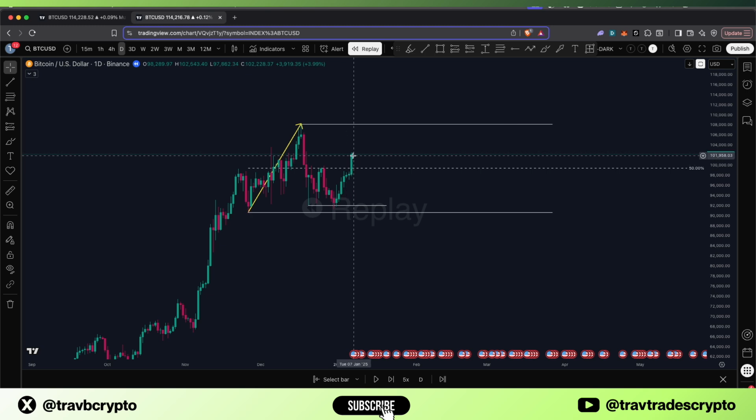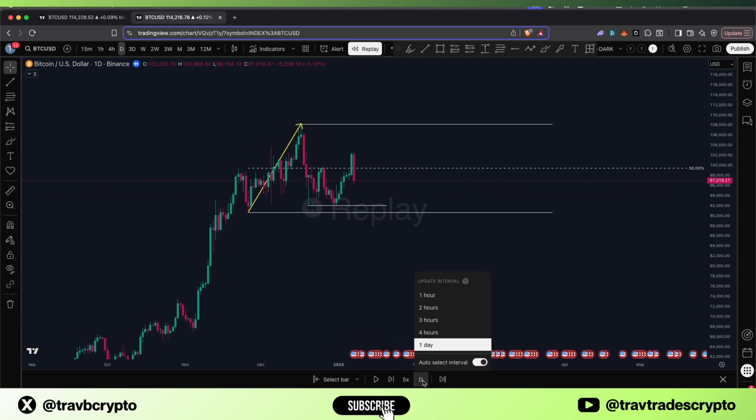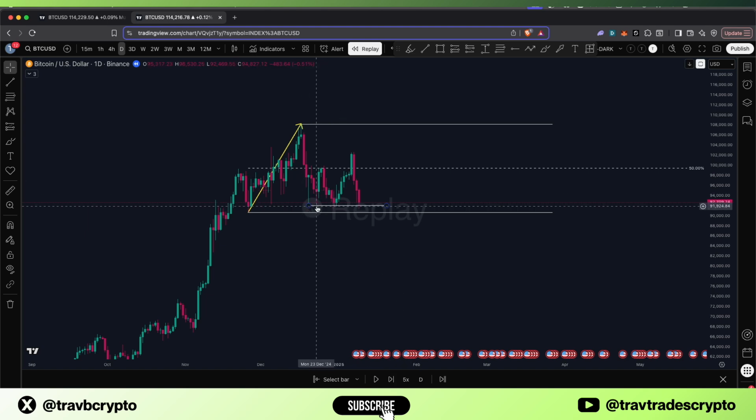Bursts through this range mid, then is heavily rejected back down. Let's see where it goes. We're coming back down to those internal lows. Another reaction. We've just had a sweep of the range low.